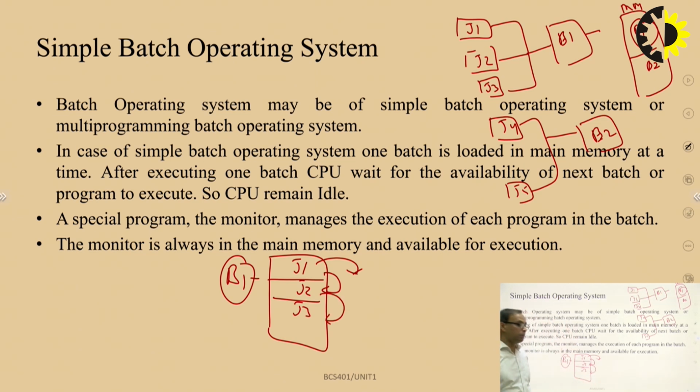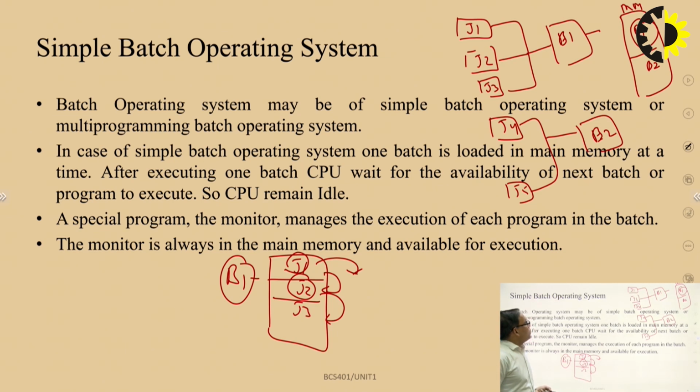It means that after completing a particular job, the user doesn't interact with the next job. That is why it is said that in a batch operating system there is no interaction of the user with the system. Once the first job is completed, control is automatically transferred to the next job.